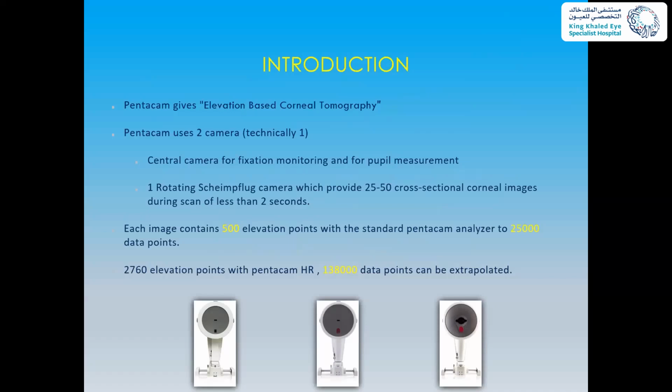And nowadays, it uses 2,760 points, and the rest of the data which it makes, which is 138,000, is sort of assumed data. So again, it's not hard and fast, written in stone, this data. And that's why it varies from machine to machine. It varies from even one Pentacam to another Pentacam. So you have to take everything with a pinch of salt and make sure that you do more than one test.